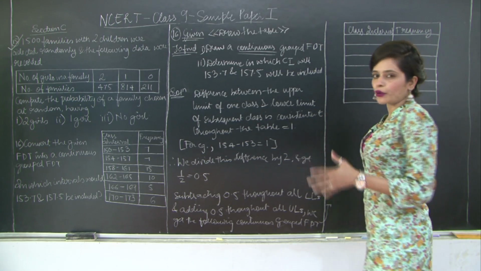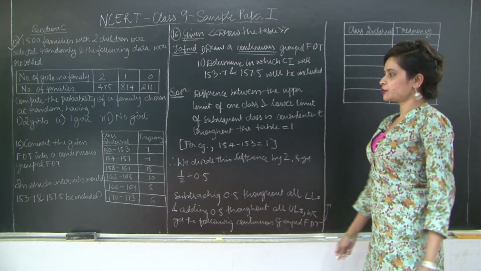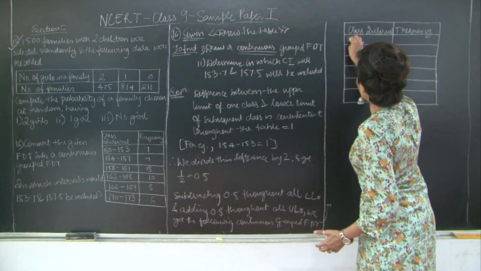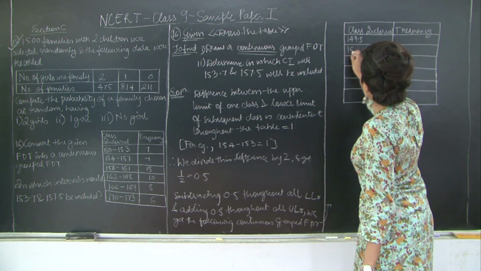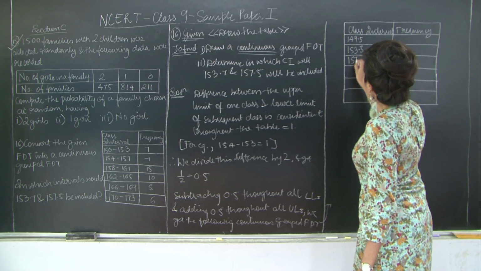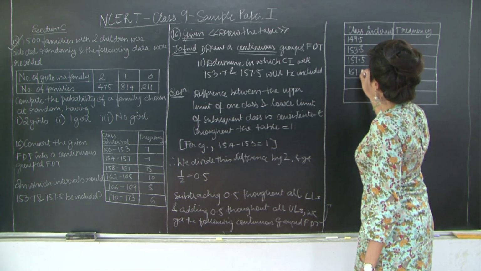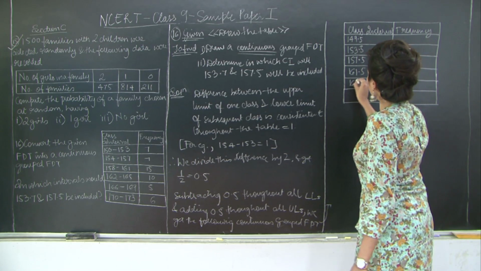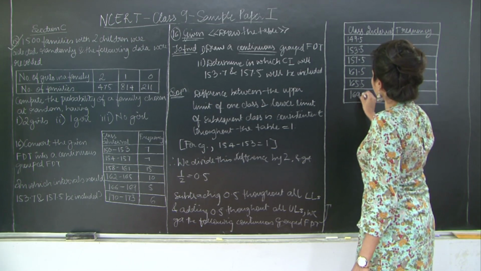Let's subtract 0.5 throughout the lower limits of the grouped frequency distribution table. What do I get? 149.5, then 153.5, then 157.5, 161.5, 165.5 and 169.5.